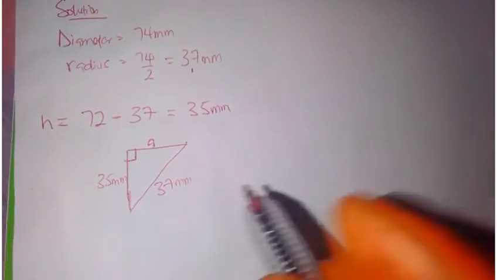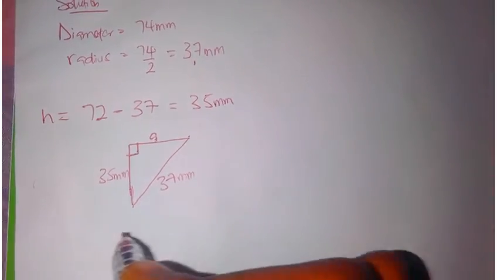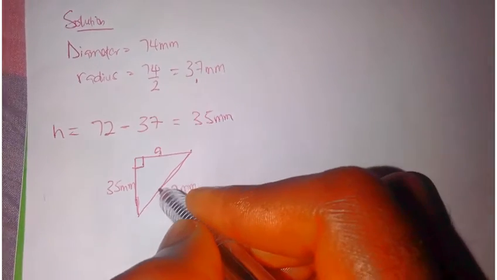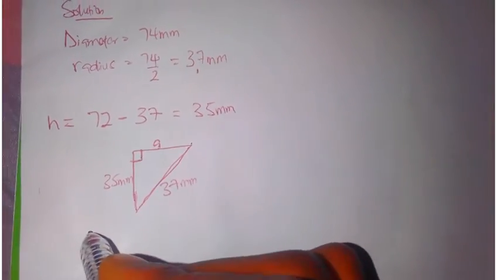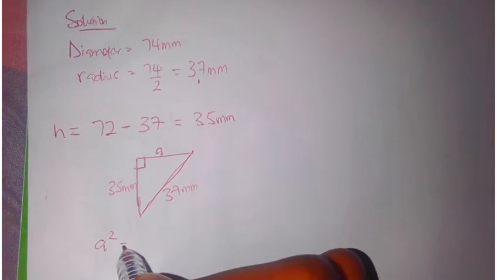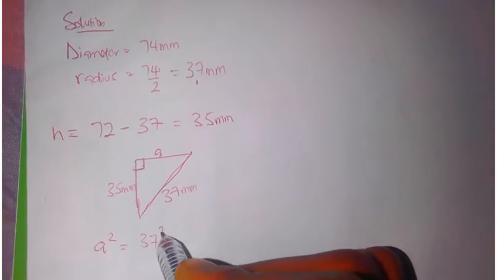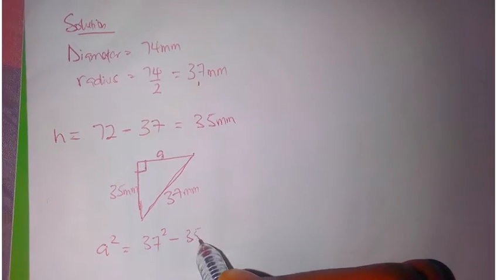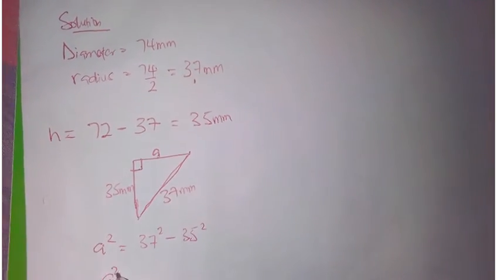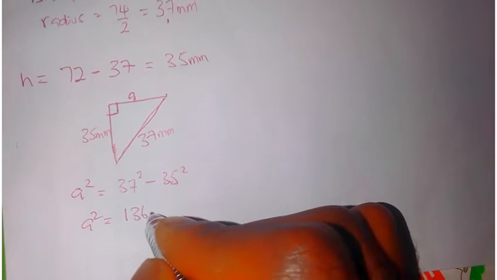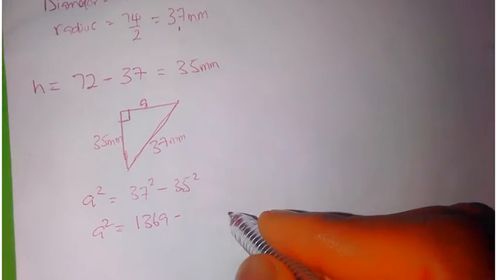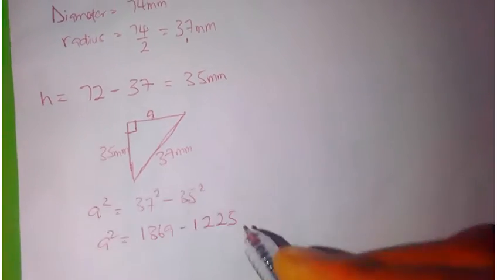Very simple. Pythagoras theorem. Although this is the longest side of my right angle triangle, it means that A squared equals 37 squared minus 35 squared. 37 squared is 1369. 35 squared is 1225.